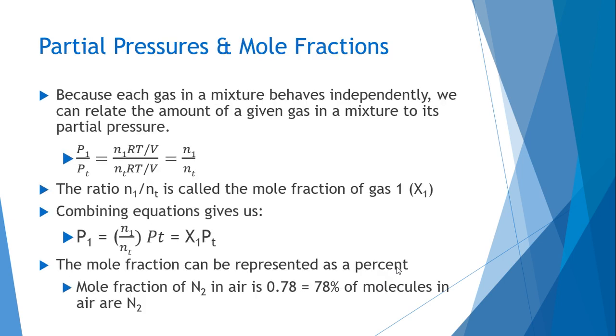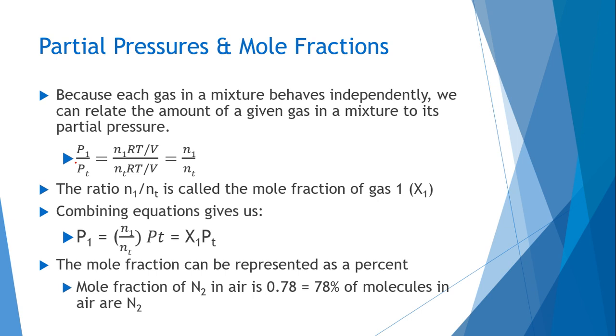Okay. Now let's move off from partial pressures and talk about mole fractions. Because each gas in a mixture behaves independently, we can relate the amount of a given gas in a mixture to the partial pressure. So what this is showing is we can take the pressure of gas 1 and divide it by the total pressure.